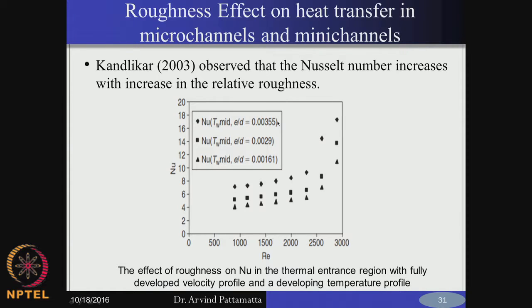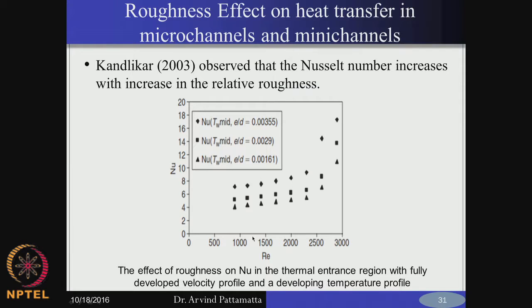You see that for the same Reynolds number, the larger the roughness, the higher the value of Nusselt number. So roughness definitely plays a very important role, but all these have been plotted for the turbulent regime. Nielinski's correlation might be able to predict this well, but in the laminar regime, for Reynolds numbers less than 1000, there has not been a very satisfactory approach to incorporate the roughness effects into microchannels.